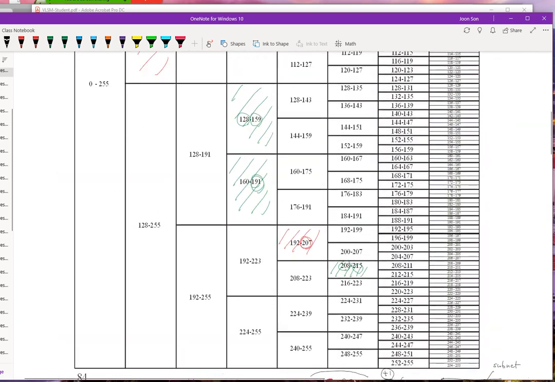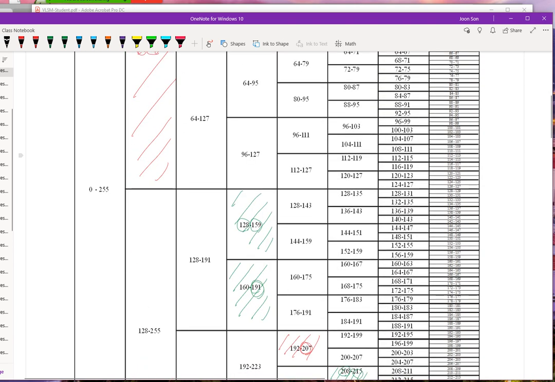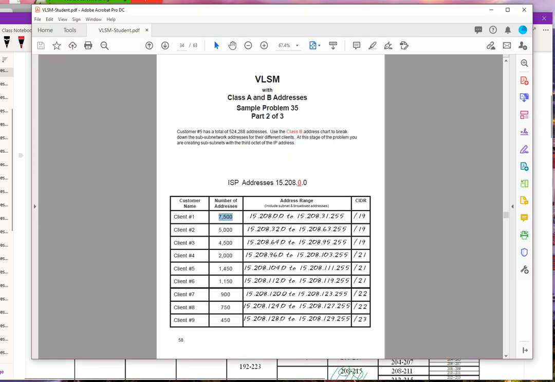If you look at the Class A address chart, the /15 is 131,000. This is a really big number. So immediately by looking at this number of addresses, we know that we have to use a Class B IP chart.